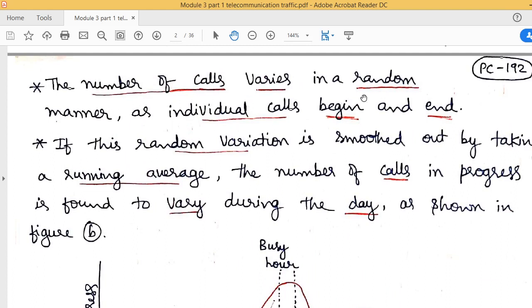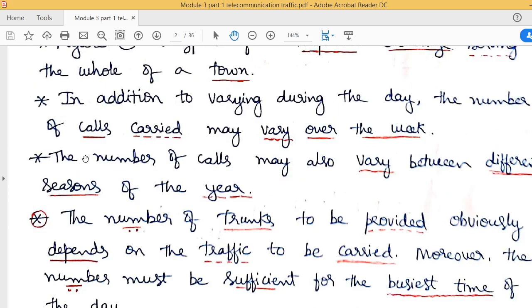We know that calls will initiate and end in a random manner. As we have seen over a particular day, the same we can plot over a particular week also, as well as over a particular year.